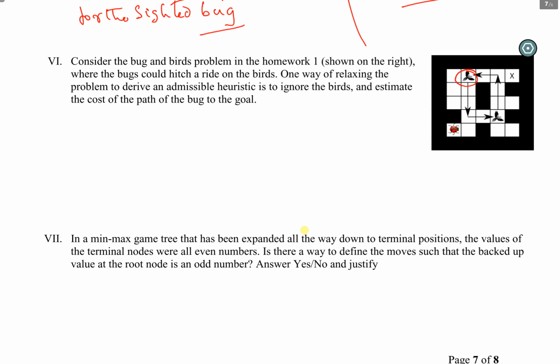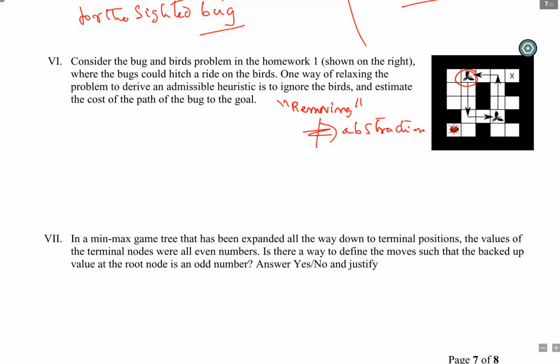Notice that removing doesn't necessarily mean abstraction, because if you remove a constraint, then it becomes an abstraction. Here, by removing the bird, you are actually removing a faster way for the bug to get around, and so in fact it constrains the problem more.